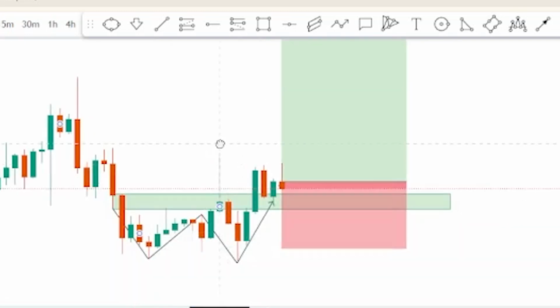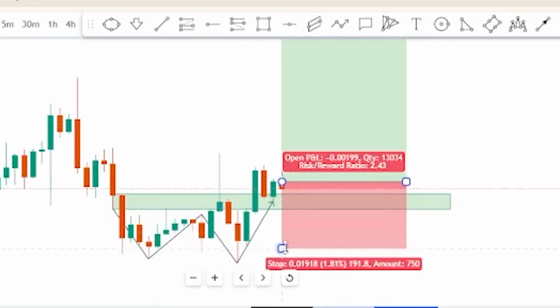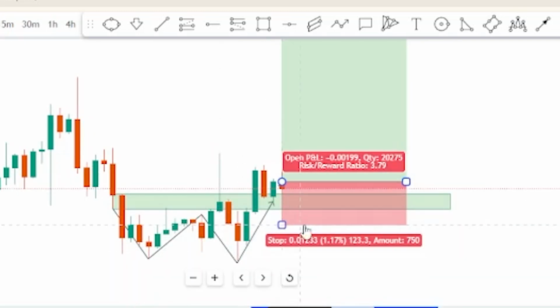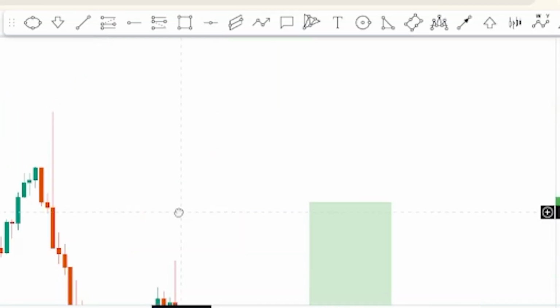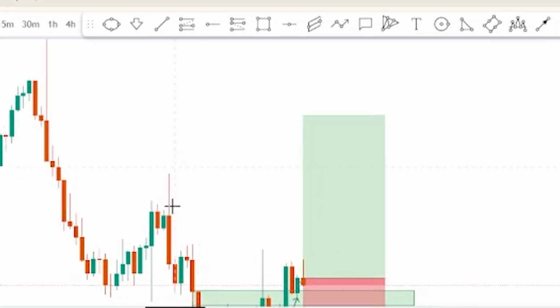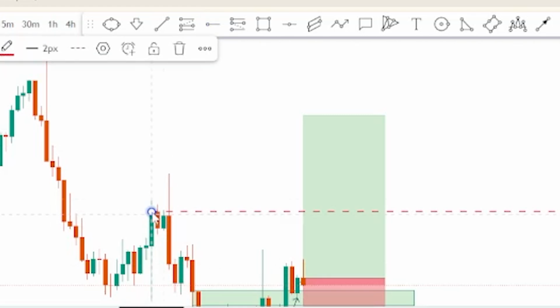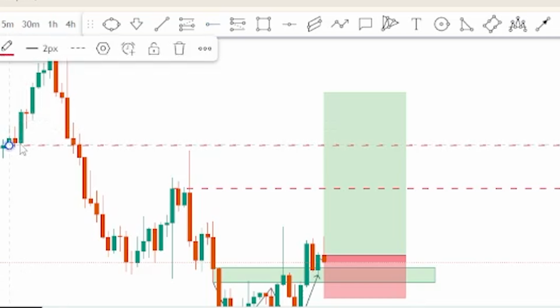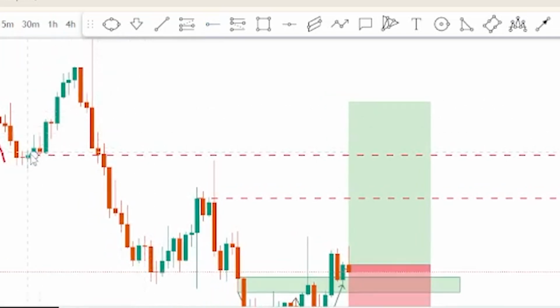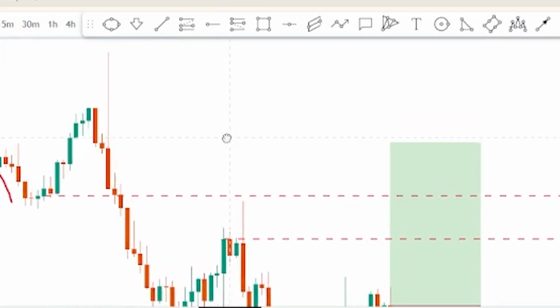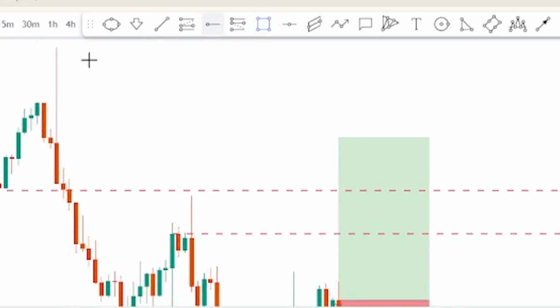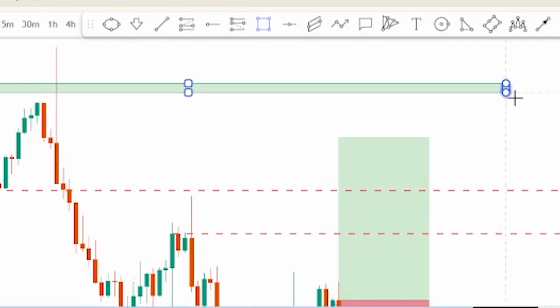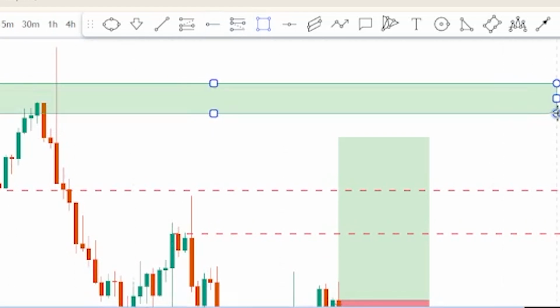Okay, enter from there, stop loss below the previous low from this area. The target we have is from this area. What do we have? We have TP1. If we reject from here, it will be TP1. We have TP2 from this internal support, and we have a target from our previous area where we sold from.